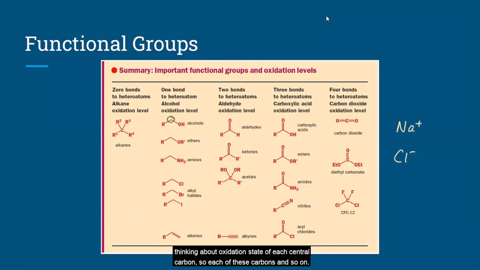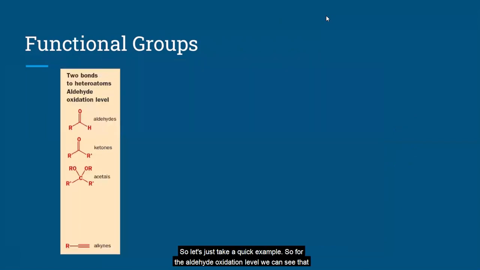So each of these carbons and so on. So let's just take a quick example. For the aldehyde oxidation level, we can see that each of these central carbons has 2 bonds to electronegative atoms, namely oxygen.